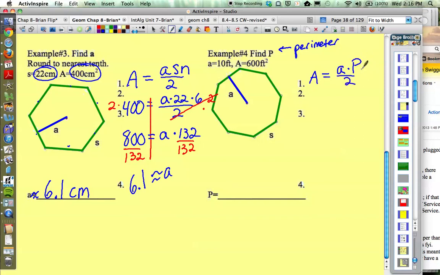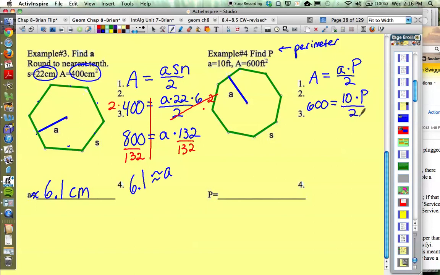Remember, the perimeter is really just the side length times the number of sides. Since it's asking for the perimeter, we'll use that simple version of the formula. We know the area is 600, we know the apothem is 10 feet, and we don't know the perimeter, divided by 2.